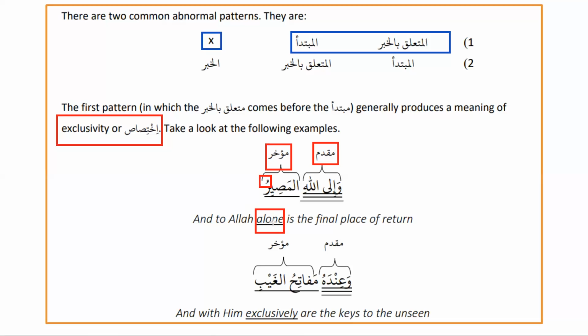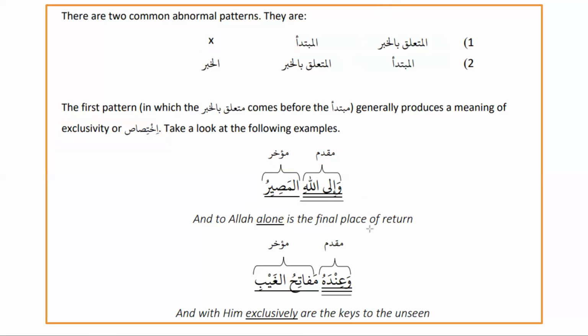So this exclusivity alone is coming because of this unusual pattern in which mutaliq bil khabar muqaddam is there. So far so good. Okay, let me clear these writings, and we have another example on the same page.